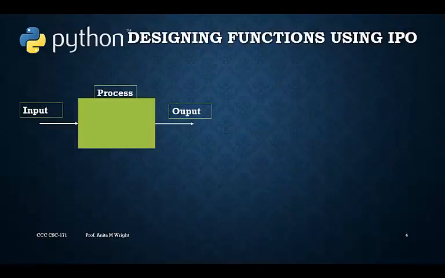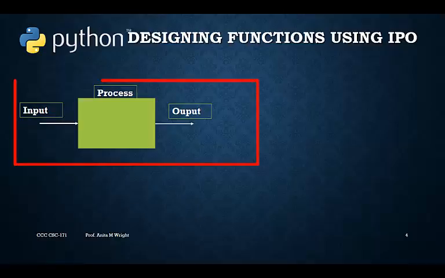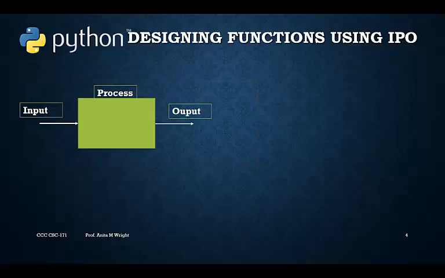At each subprogram or function level, we can use the same IPO strategy that we use for the overall programming project. We need to think about each part of the program individually and how it fits in with the rest of the program to form the overall solution. Therefore, we will think about each part of the program initially as a black box and apply our IPO strategy.